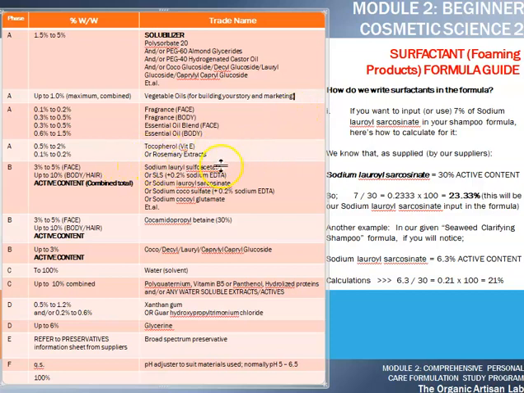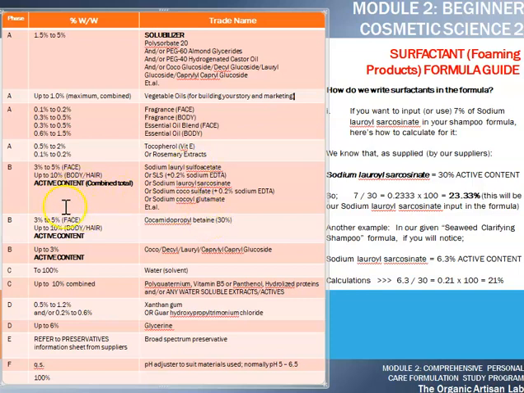And you've got the antioxidants, not only to protect, but to give antioxidant beneficial properties to your product and also to protect against rancidity of the oils in the formula.